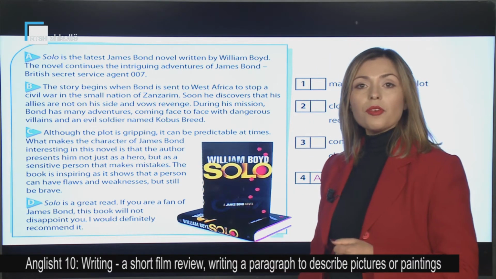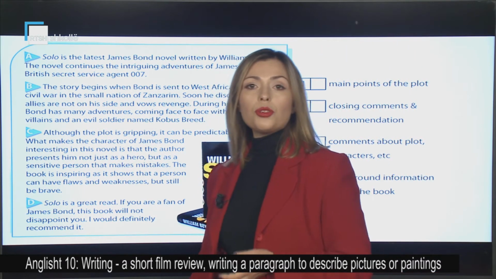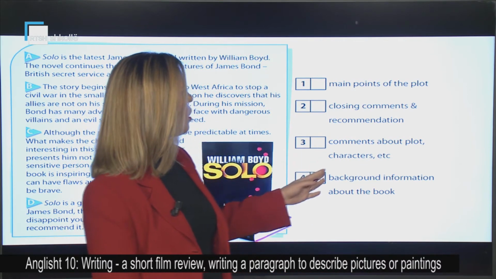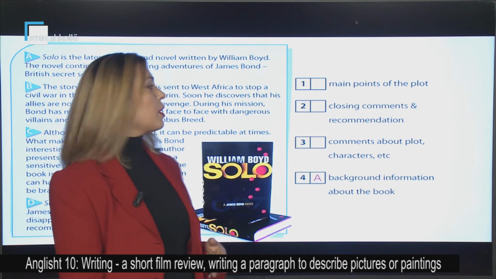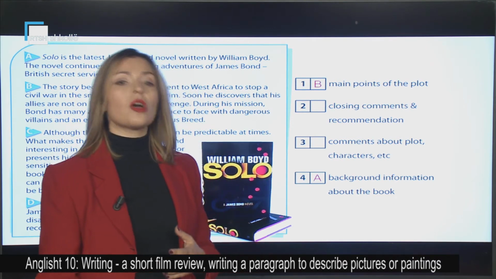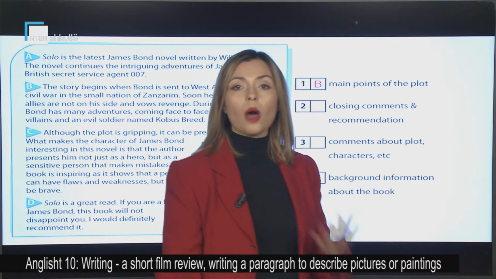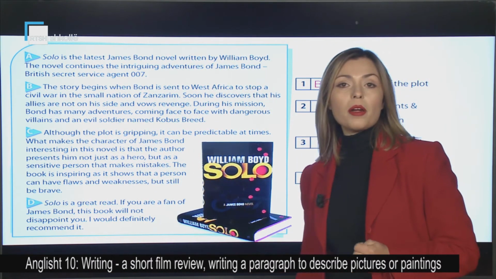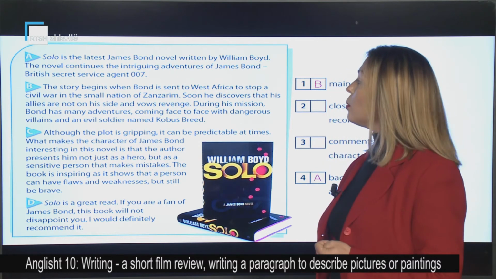We finished the first paragraph. Now we're going to continue with the second. So, in the second paragraph, we start giving the main points of the plot. So how did it start, how it continues, how it moves on. We finish with the second paragraph and the main plot.